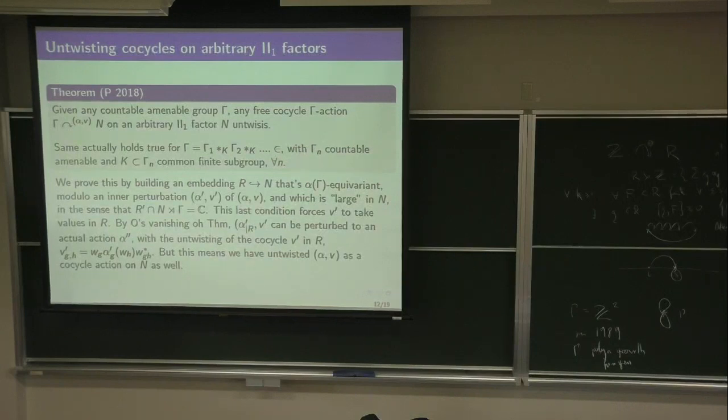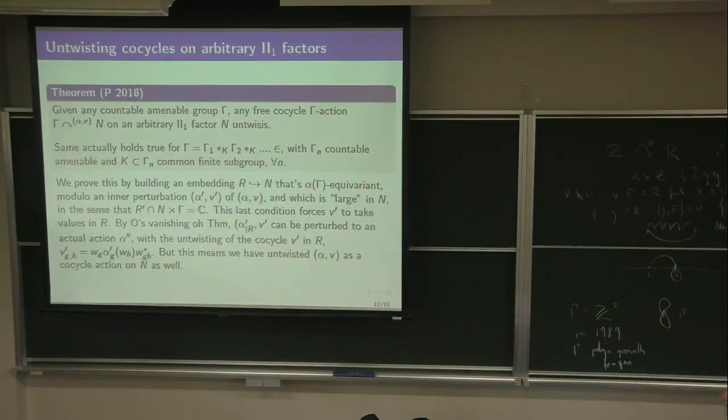However, if you think a little bit, it's not obvious that that solves the problem unless this subfactor R is kind of big in N. What you want is really this condition. So not only big in N, but big in N relative to this action in some sense. So it's this trivial relative commutant in the cross product that you want.